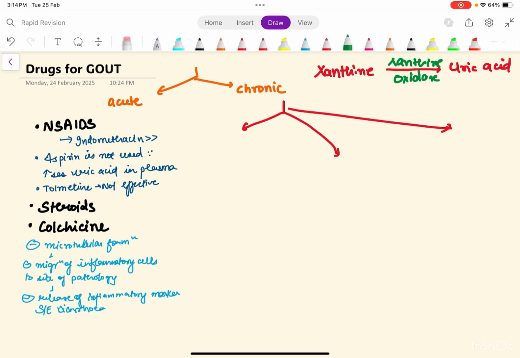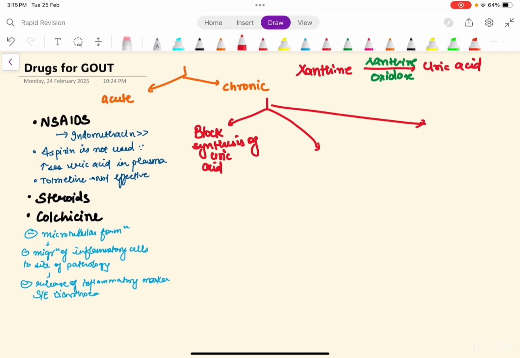All right, so this is the basic reaction. Now the first mechanism of treating chronic gout is that you can block the synthesis of uric acid. Now how you will do that is by inhibiting the xanthine oxidase. So basically we have xanthine oxidase inhibitors.